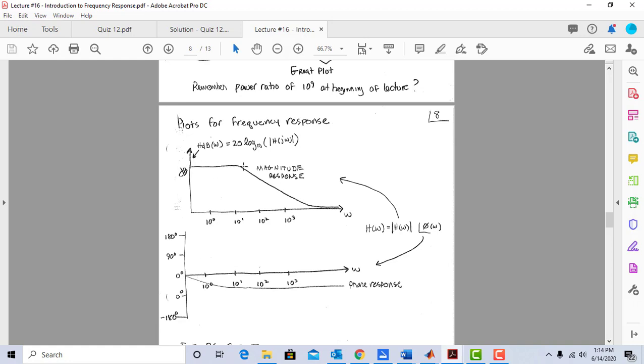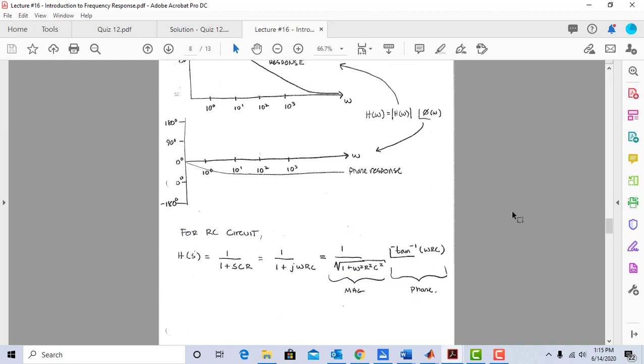And for our RC circuit that we did in the last example, you'll see that it has no phase shift at 0, and it has minus 90 degrees of phase shift at infinite frequency. So those are the 2 plots.